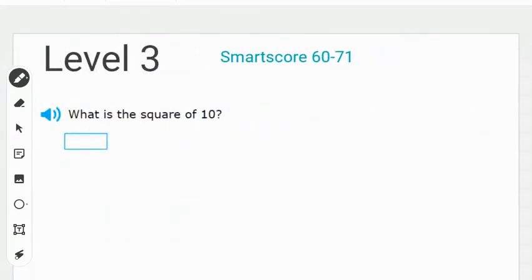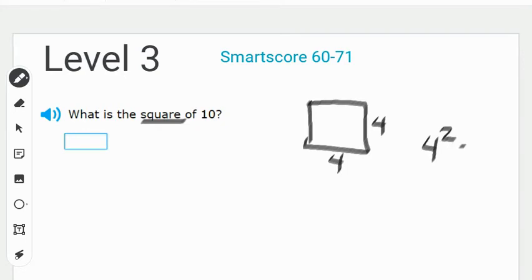Okay, when we get to level 3, they start giving us problems in words here. So this is especially important why we want to know what the word square means when we're talking about exponents. We're not talking about the shape square, though that does have to do with the name, because if you have a square and you want to find the area of it, say it's got sides of 4, the square of 4 means 4 to the second power, which is 16, and that's the same area of the square.